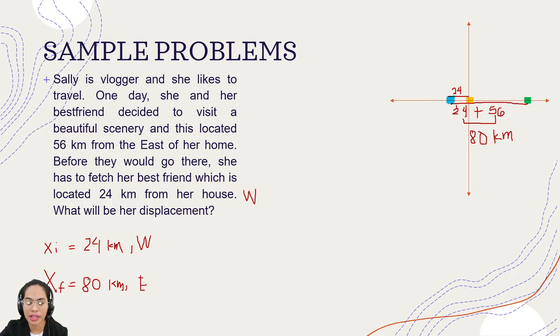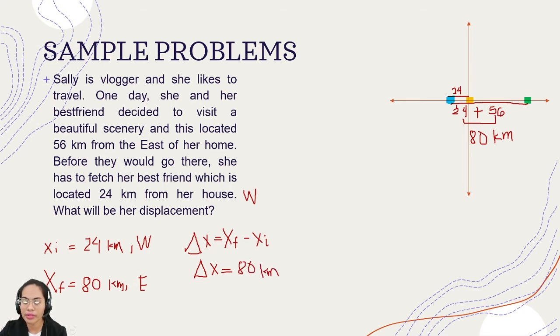Very good. So, now let's compute for the displacement. What's again the formula? Okay, delta x, or the change in position, is equal to the final position minus the initial position. Alright, so delta x is equal to 80 kilometers to the east. Very good.